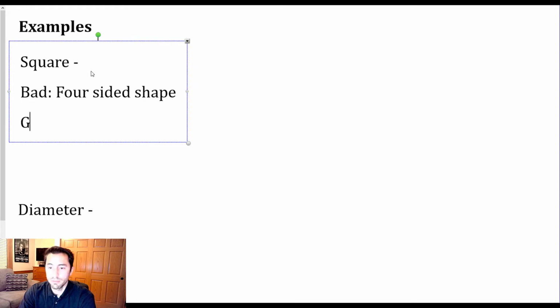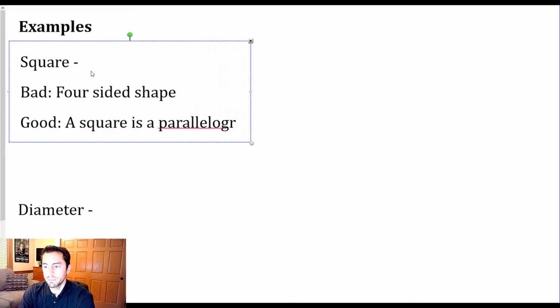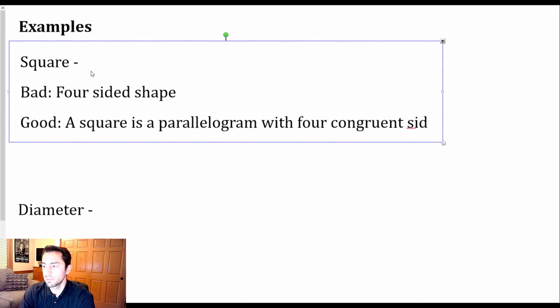So instead, a good definition, maybe we could say something like a square is a parallelogram with four congruent sides and four right angles.